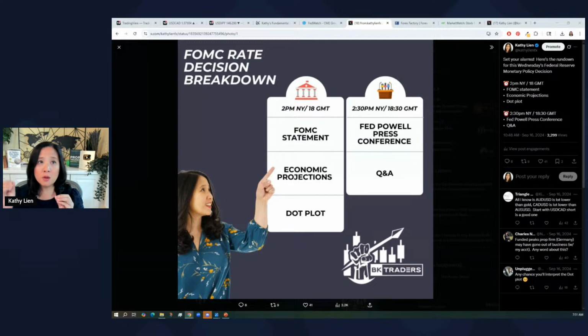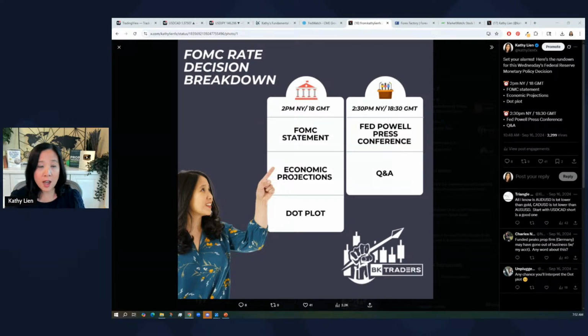Then there'll be a little bit of profit taking between 2:15 and 2:30 as traders try to figure out whether Fed Powell is going to say the same thing as what the dot plot and economic projections suggest. And then at about 2:45, 2:50, everything important he's going to say is probably said already, and all the important questions from the press will be asked.